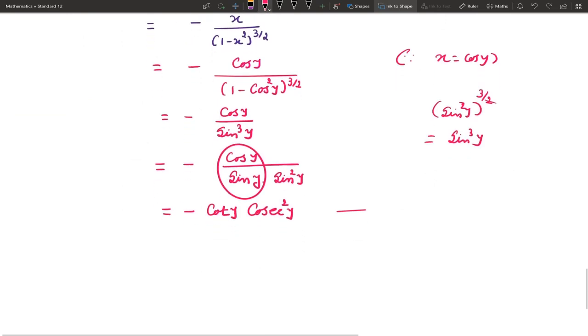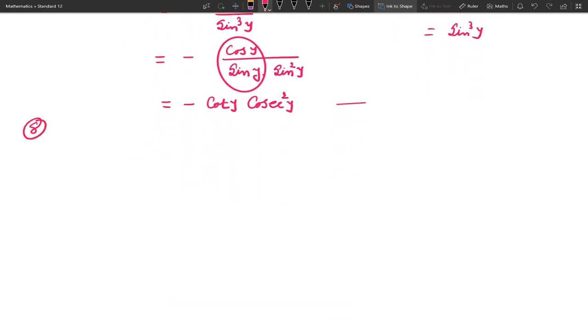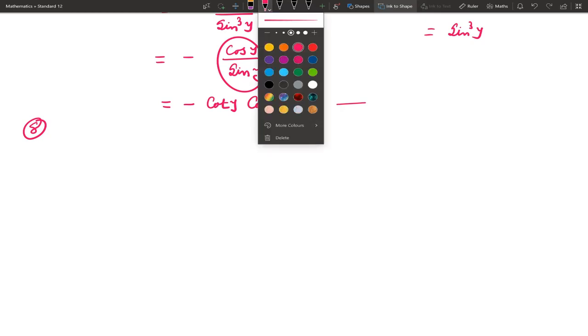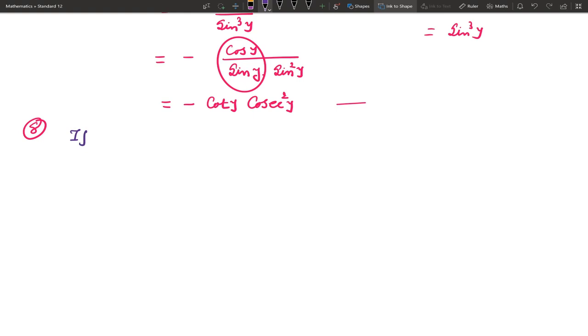We take one more example. If e raised to y into (x plus 1) equal to 1, prove that d2y by dx2 equals (dy by dx) square.